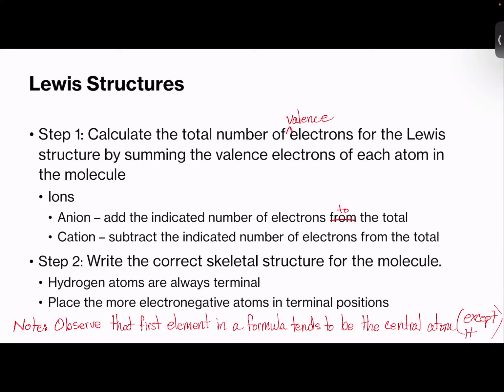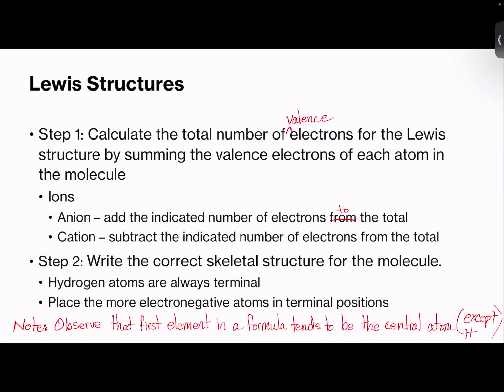So when I developed the Lewis structure for water, I skipped over hydrogen and it became oxygen. Oxygen was the first element besides hydrogen in the formula. For carbon dioxide, carbon was the first element in the formula, and it also was the central atom.